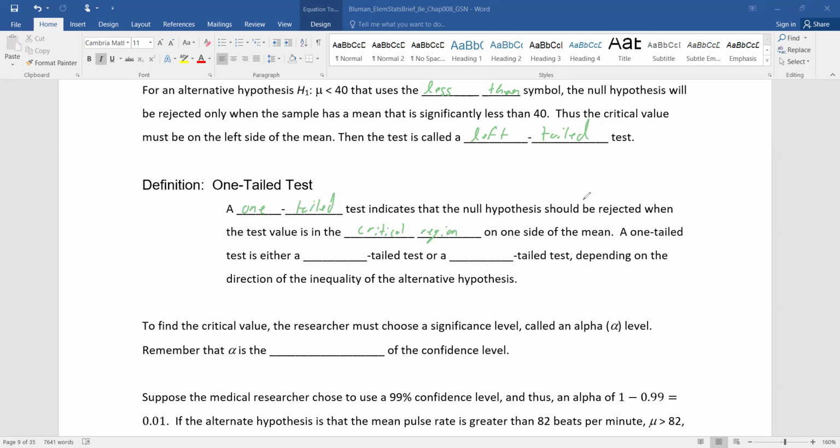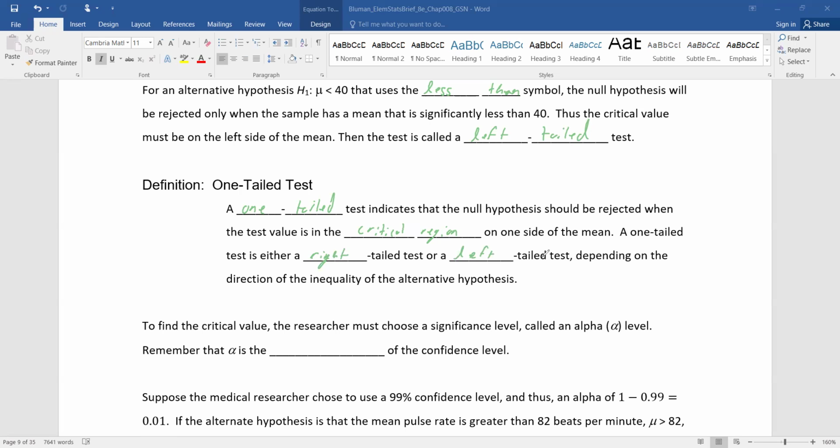So it's either very little or very much. It has to fall on the left side or the right side, depending on whether we're dealing with less than or greater than. A one-tailed test is either a right-tailed test or a left-tailed test, depending on the direction of the inequality of the alternative hypothesis.